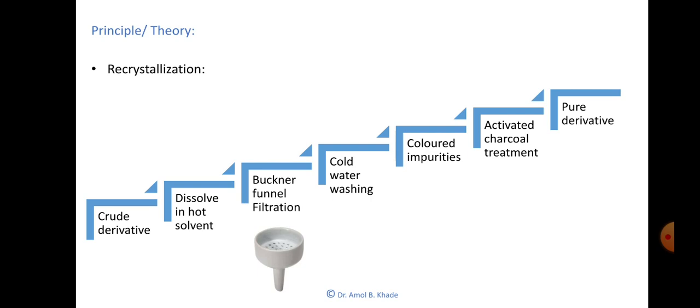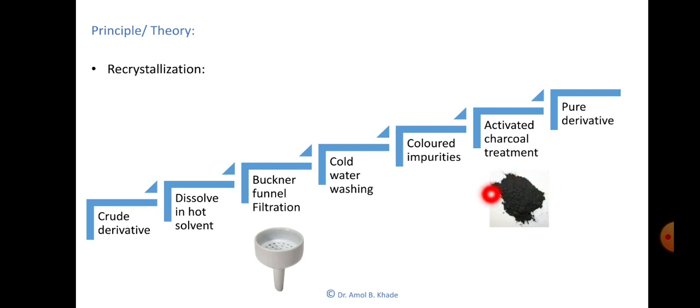Sometimes during the chemical conversion, colored impurities are also formed, and these colored impurities will make your derivative colored. You can remove these colored impurities by using activated charcoal.